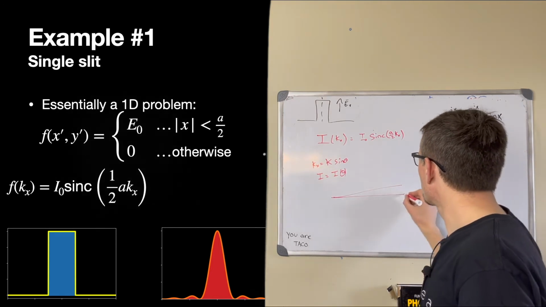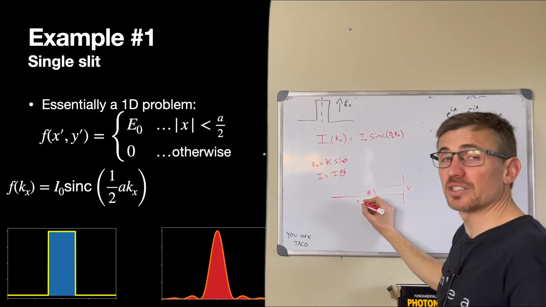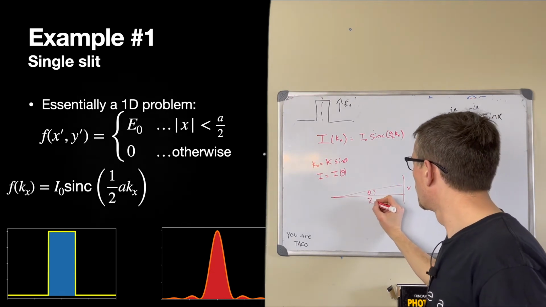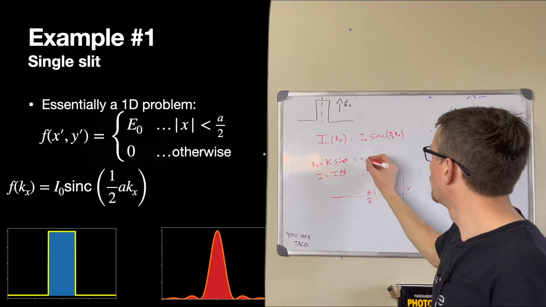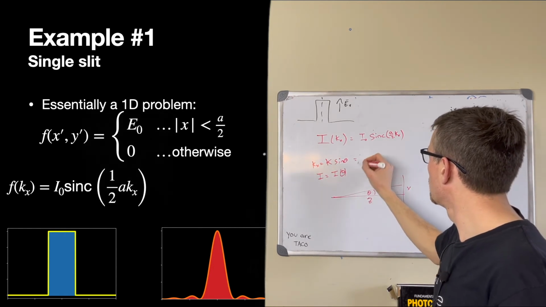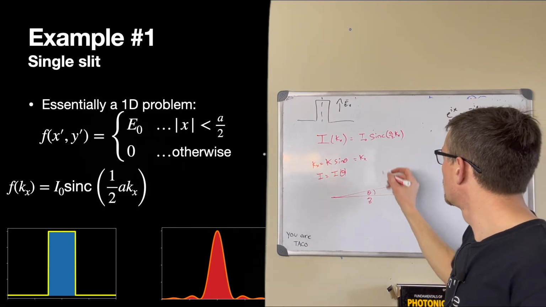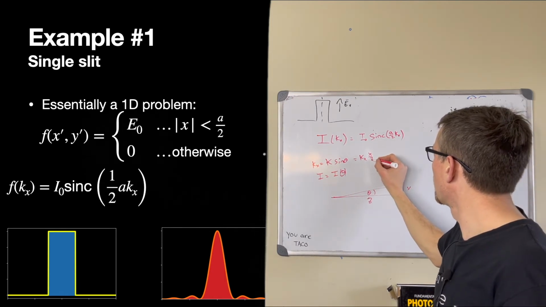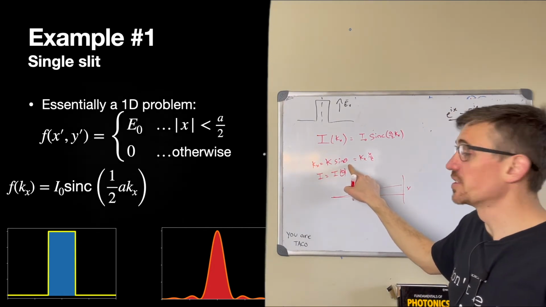Remember, we're in the paraxial approximation, so theta is just our distance away, however far away we are, over z. So this is equal to k x times sine theta, which is x over z. All right, that's our argument of what goes in there.